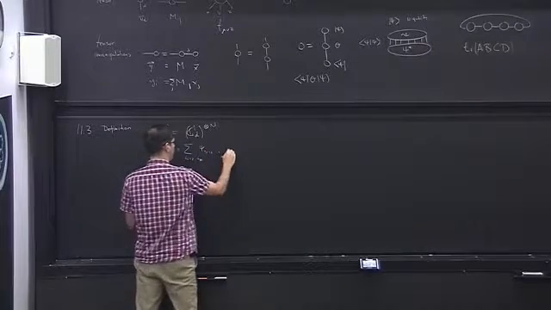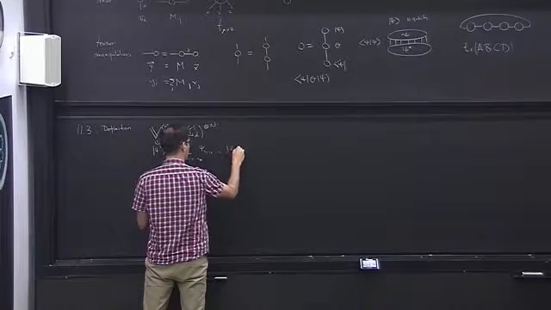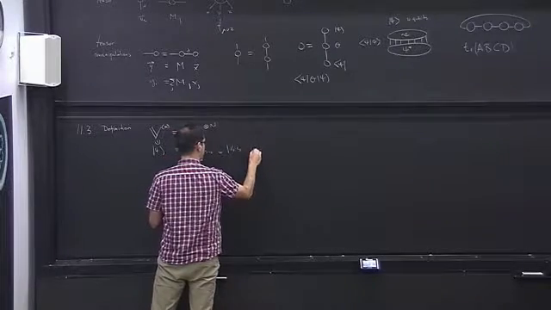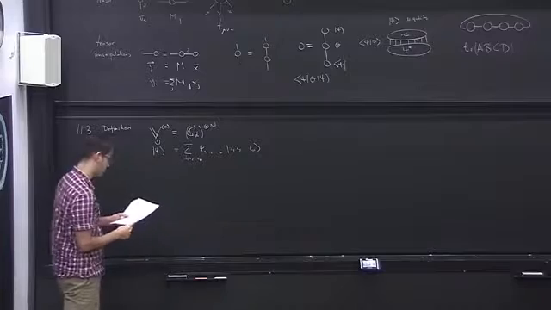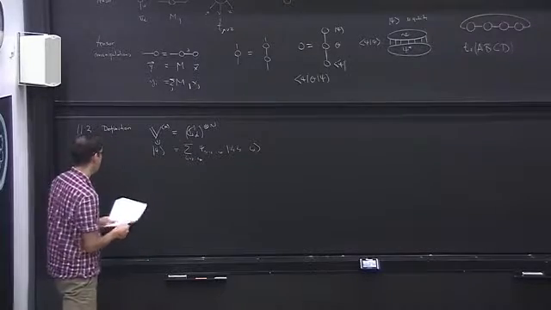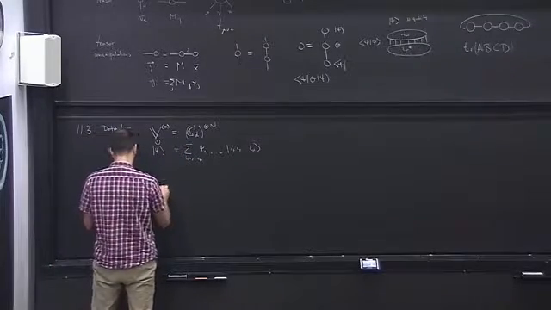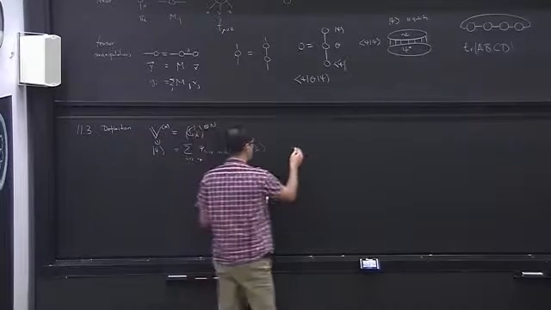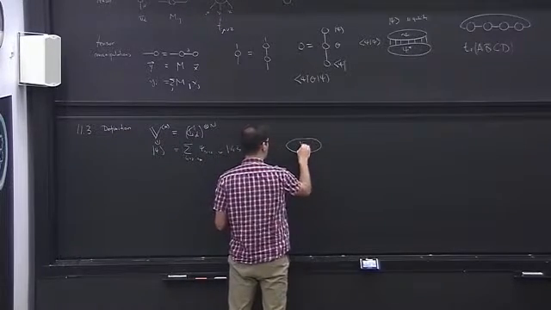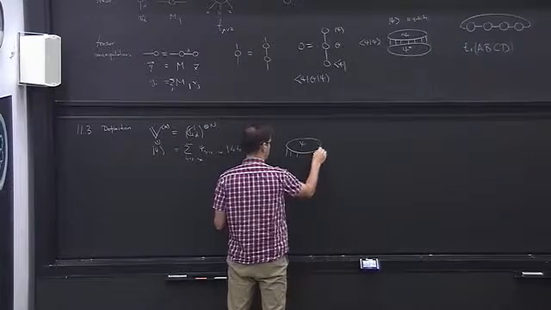These are the coefficients, and then we have the vectors in the product basis. And as I just mentioned, we could represent this as a single tensor with n indices.